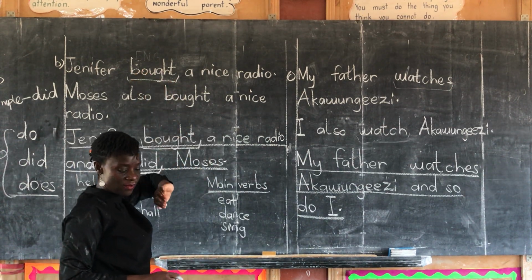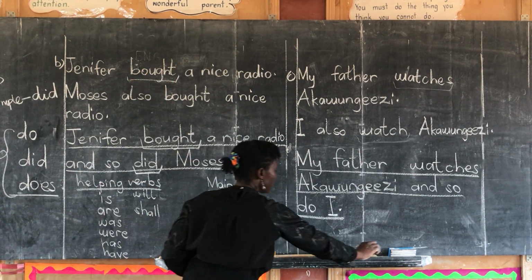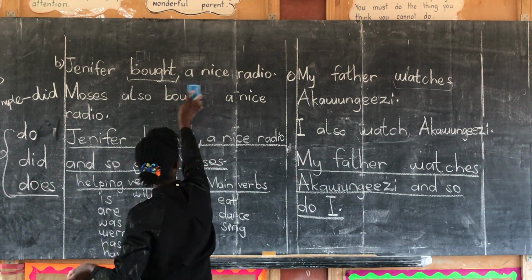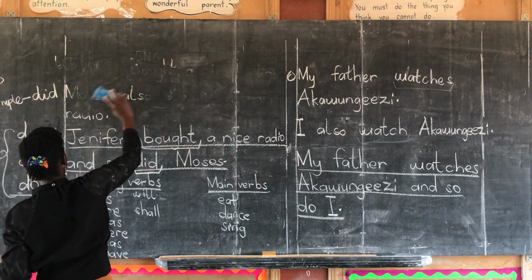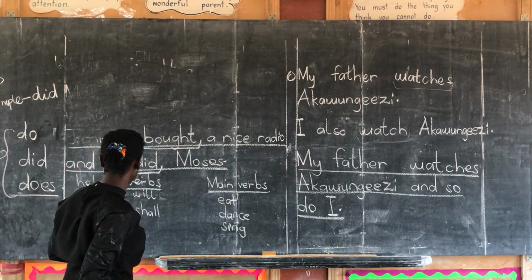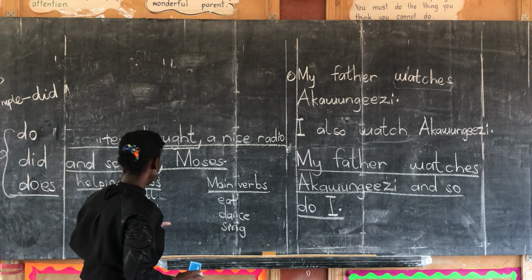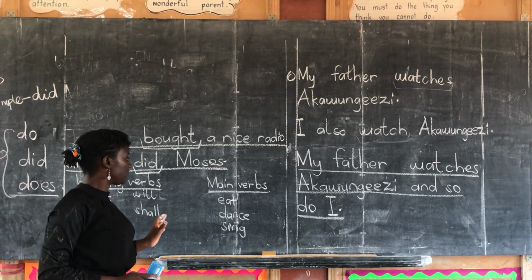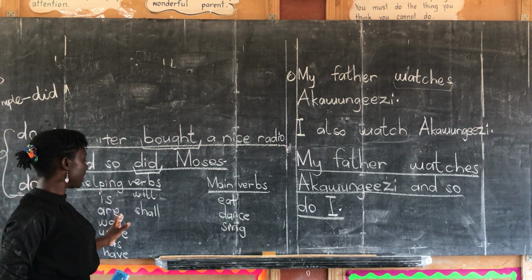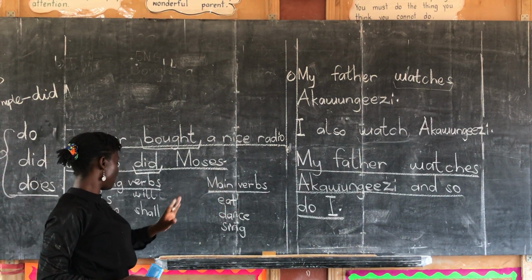Now, we are going to try this out. We are going to have an activity of a few sentences where we join using the structure that we have learnt. But I want you to remember, I hope you've noted this down, that dealing with helping verbs is slightly different from dealing with main verbs.